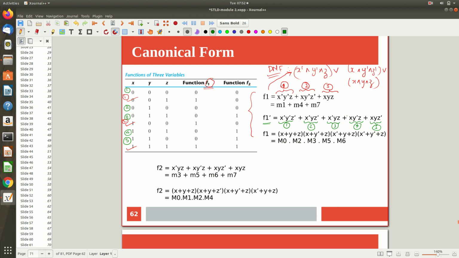So both sides of the expression, the LHS as well as the RHS, are now giving the same meaning, right? So on the RHS I am getting a 0 in all the 5 cases. On the LHS, this f1 dash I am focusing, that is giving me a 0. Otherwise f1 is giving me a 1.